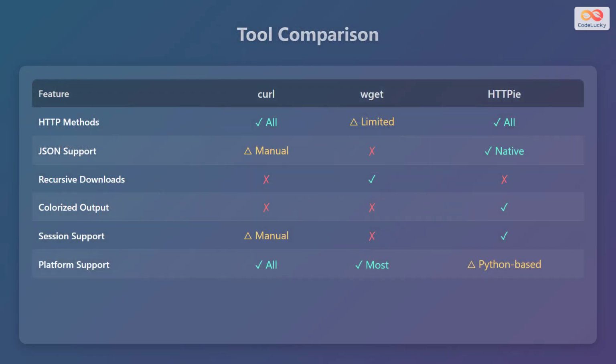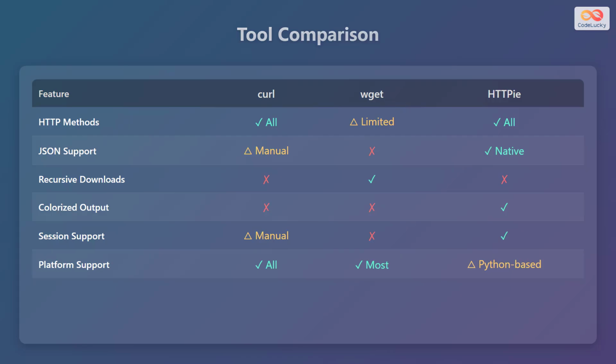Now let's compare the features of the tools we discussed. Curl supports all hypertext transfer protocol methods, has manual JavaScript object notation support, doesn't support recursive downloads, doesn't have colorized output, has manual session support, and supports all platforms.